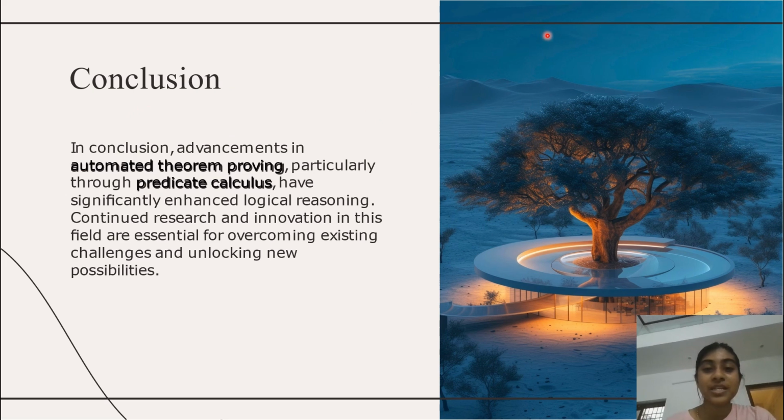So far we have seen that predicate calculus plays a main role in ATP. It provides a fundamental foundation for logic reasoning systems that can solve complex problems across various domains.